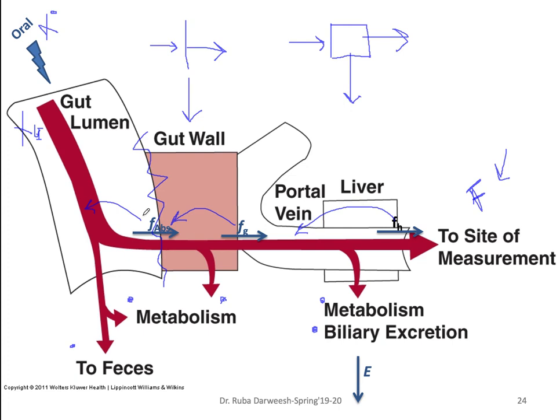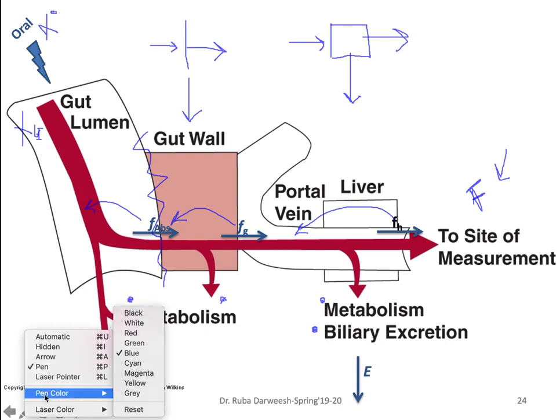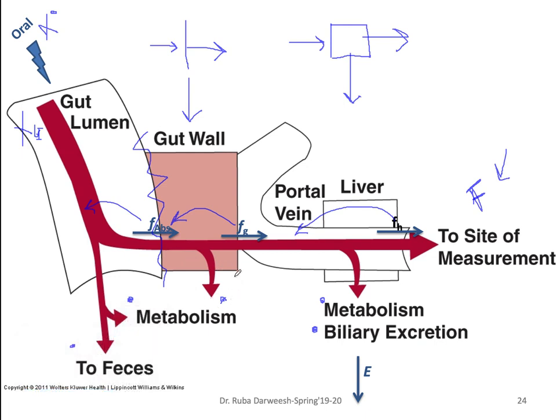Okay, so it depends on the way or whatever data that you have or that is available for you to deal with. If you have sequential fractions, you'll use the sequential fractions as a multiplication of all of them. For sure, if we are talking about, let's say I gave you the fraction of metabolism here, and I give you the fraction or extraction of metabolism and excretion here, which is the same as the extraction ratio through the liver, right?